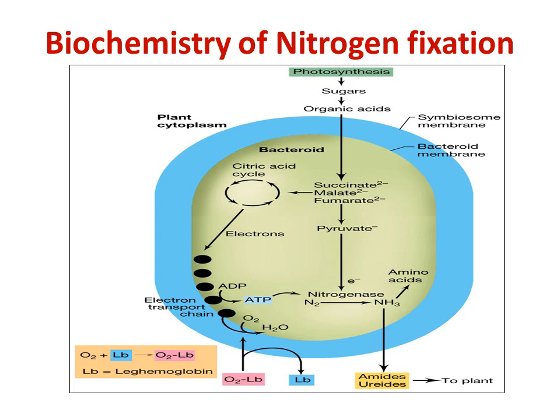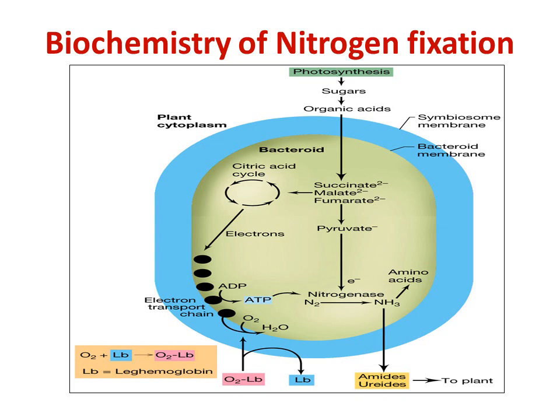Apart from this, the oxygen level inside the bacteroids, which affects the activity of the nitrogenase, is maintained by a protein called leghemoglobin.